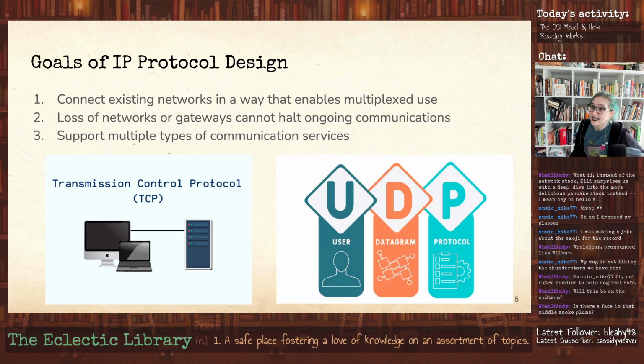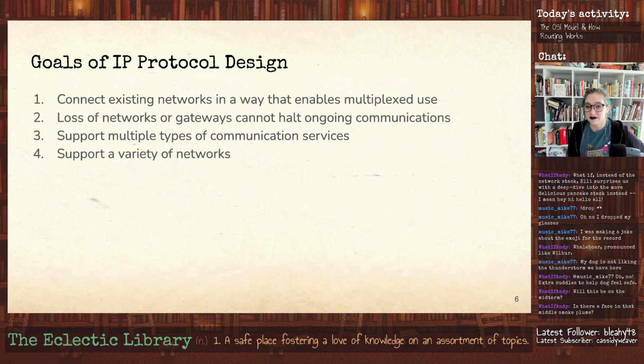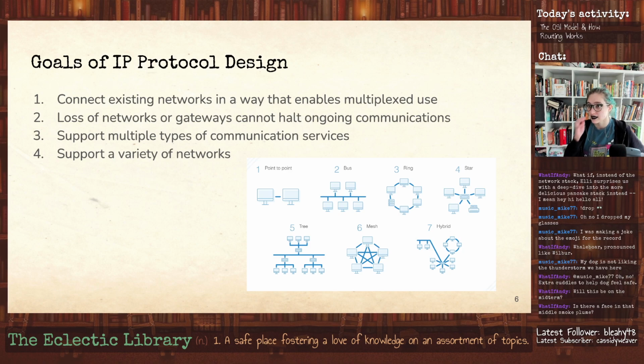UDP emphasizes speed, so allows for packets to get dropped. That it supports a variety of different networks so that it didn't limit the design of networks that were able to interface with this new internet.